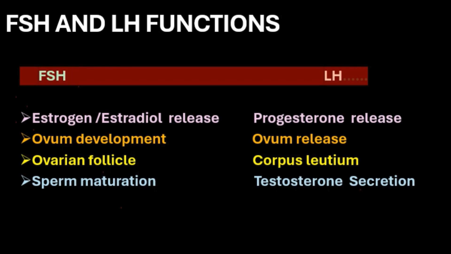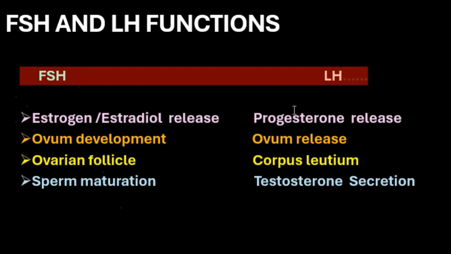So here we are comparing both FSH, follicle stimulating hormone, and luteinizing hormone with similar characteristics. Here you can see FSH is for estrogen and estradiol release, and LH for progesterone release. So the releasing characteristics we are comparing here.